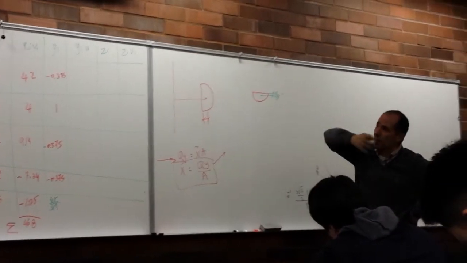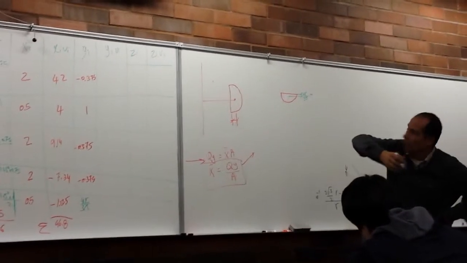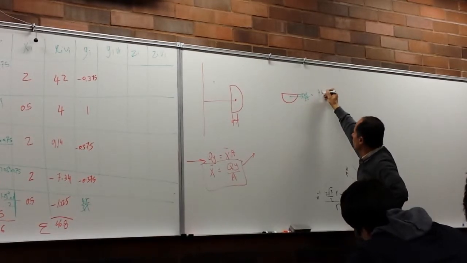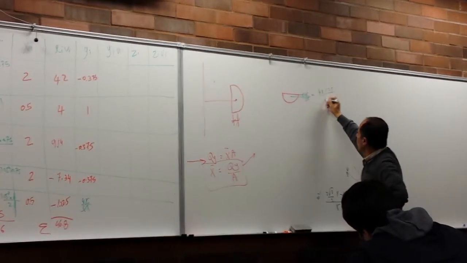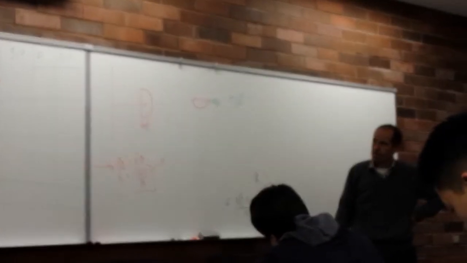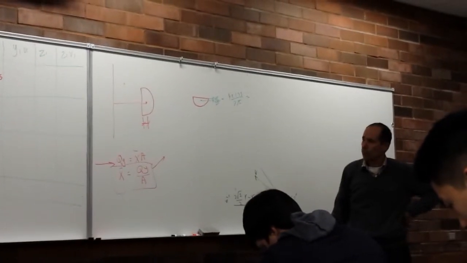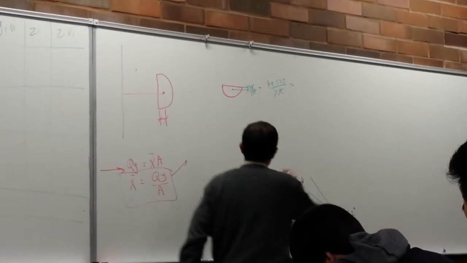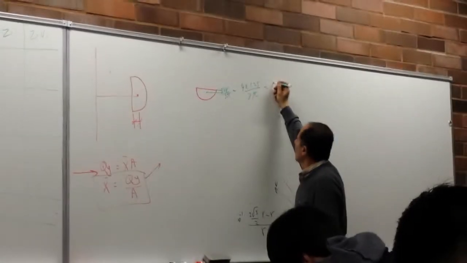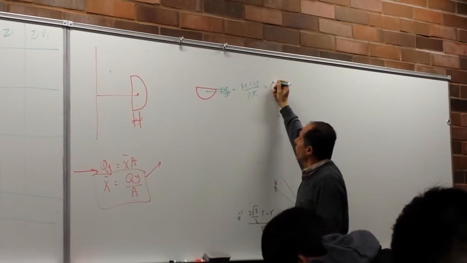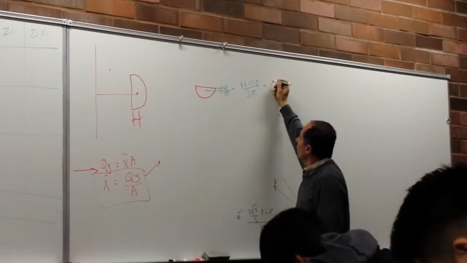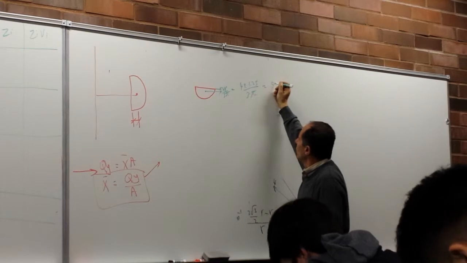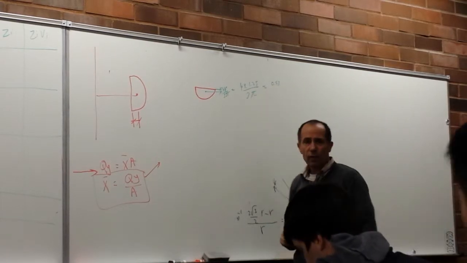And the radius in this one is 1.25. 4 times 1.25 over 3 pi. What is this? 0.53. 0.53?